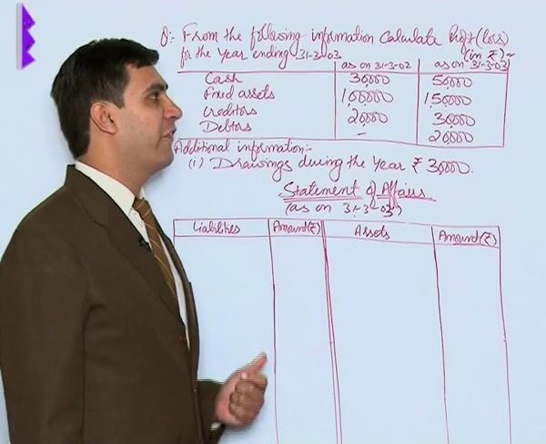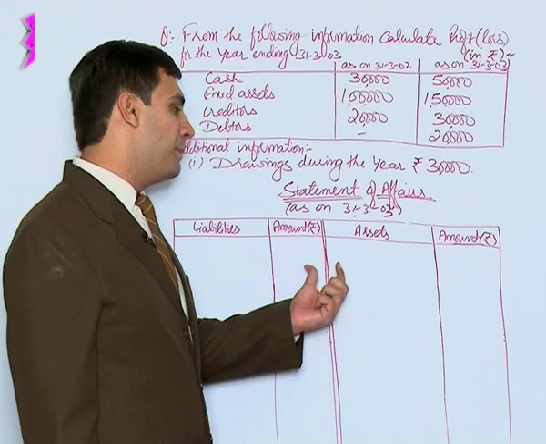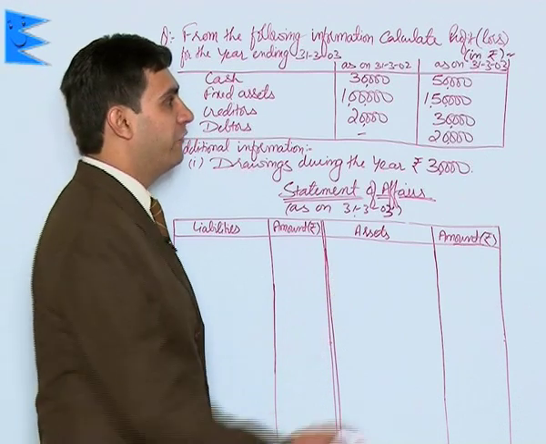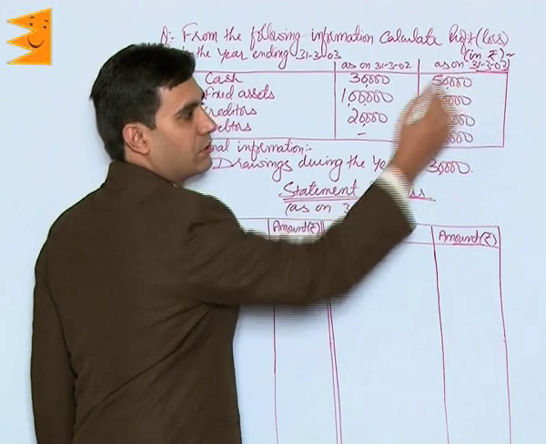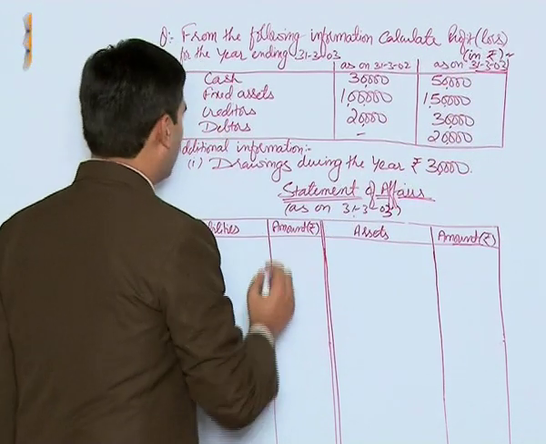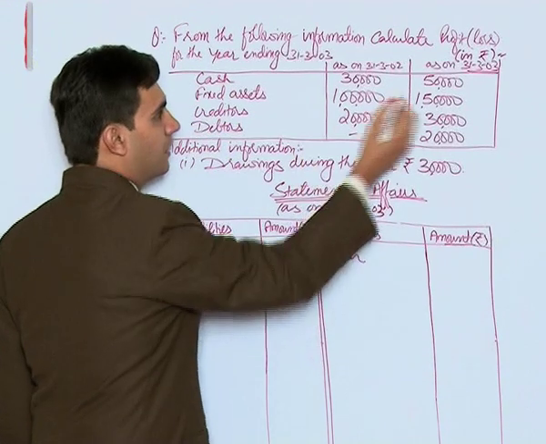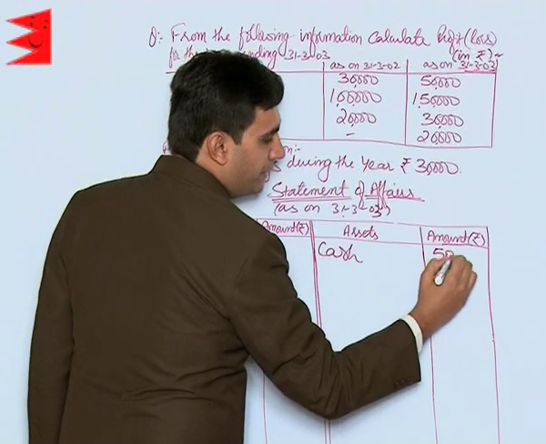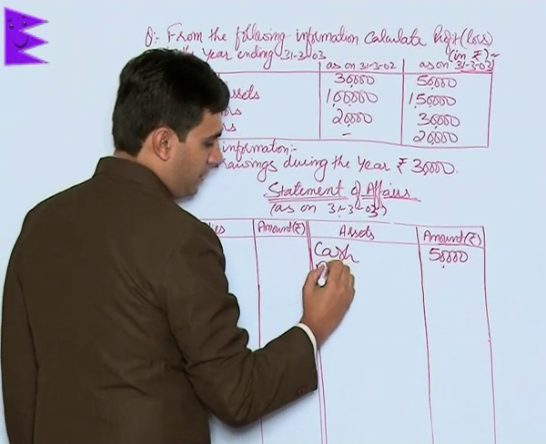Coming to statement of affairs as on 31st March 2003. It will be prepared in the same manner, but the figures that we'll be using will be of year 31st March 2003. So the first thing is cash. Cash is an asset, so amount would be taken as 50,000. Then fixed assets.